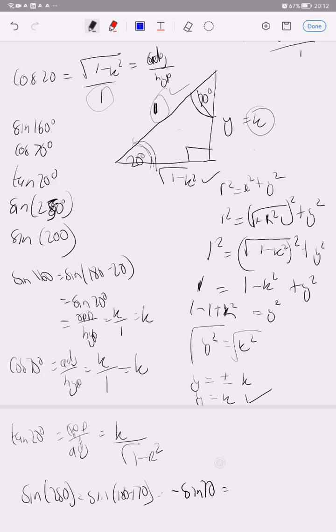Sine is just opposite over hypotenuse, so it's negative. What is my opposite? When I make 70, my opposite is the square root of 1 minus k squared. So it's negative the square root of 1 minus k squared over, what was my hypotenuse? Just 1.